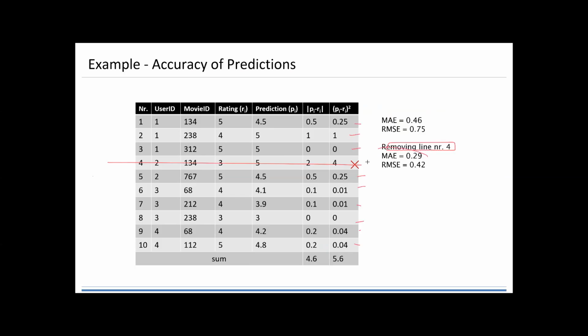Let's calculate again, and the MAE and the RMSE decrease. If we remove again 1, 2, 4, and 5, the MAE and the RMSE decrease more. So it's better when we remove the higher errors.